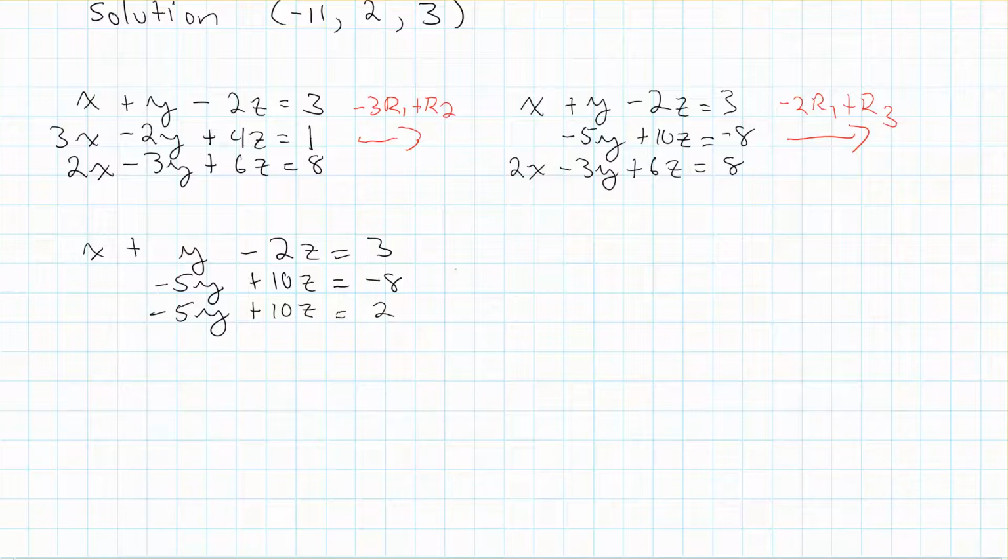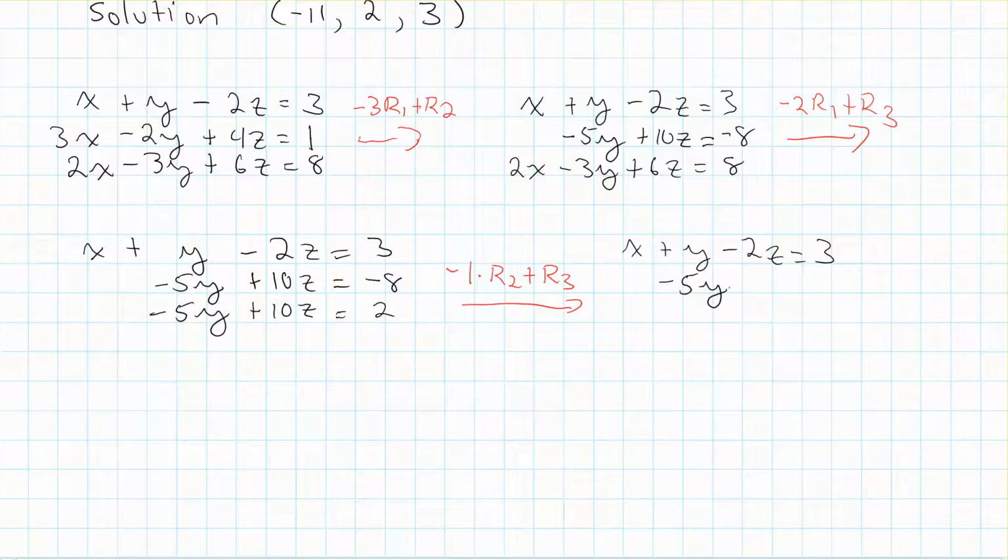So I can just do, let's say, -1 times row 2 plus row 3. And if I do that, what do I get? Well, top equation doesn't change. x plus y minus 2z equals 3. And then what do you have here? We have -5y plus 10z. So that's not going to change because that's the equation I'm multiplying by.